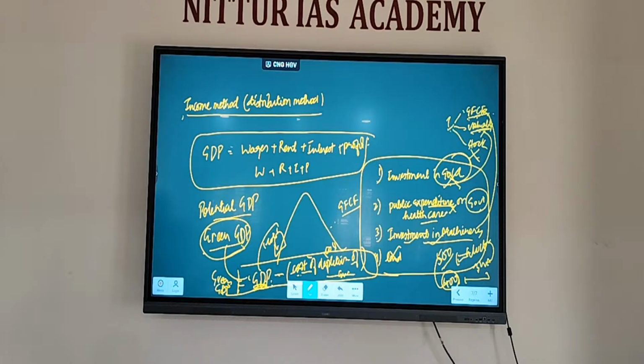Point number 2, you write down: GVA provides information regarding the producer side. Next, GDP measures economic activity from the consumer side.